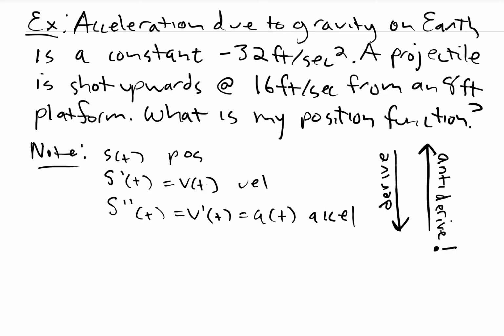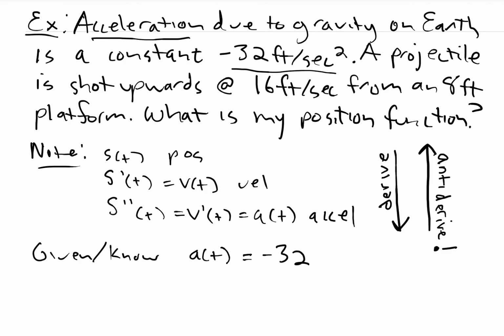So here's what the problem is stating. If I note that my acceleration due to gravity on Earth is this constant function, we are basically given, or we should be able to know, my acceleration function is minus 32.